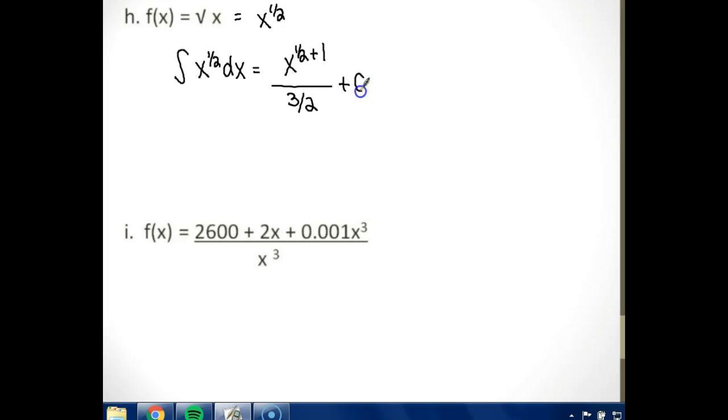And don't forget your arbitrary c. So you get x to the 3/2. If we're dividing by a fraction, it just flips. So that 1 over 3/2 would become 2/3. An arbitrary c.